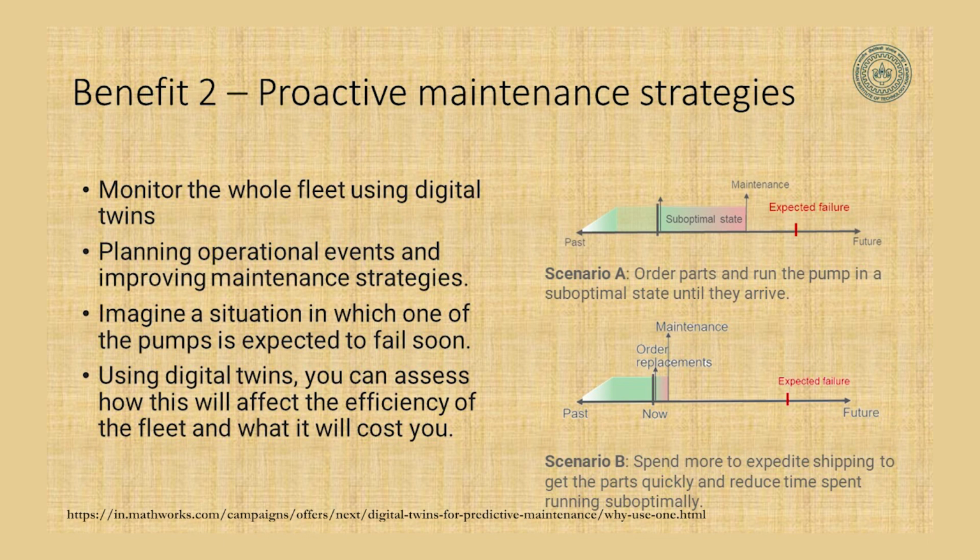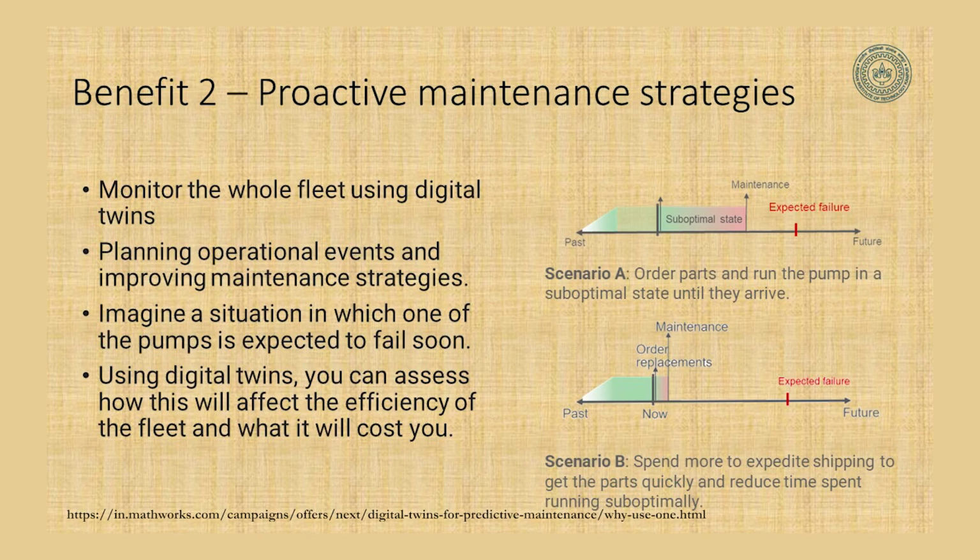So, what does suboptimal state mean? That means let us say you have a CNC milling machine and you used to make 200 parts a day, but in the suboptimal state you may be making only 100 parts a day, because you are afraid that it will fail, because if it fails, then you are making 0 parts a day.